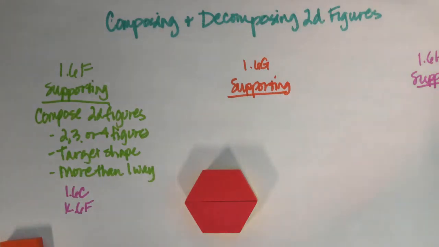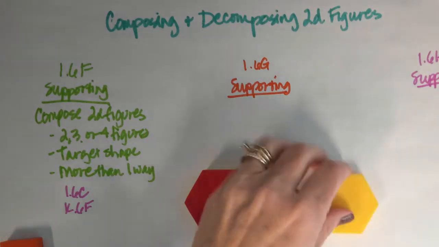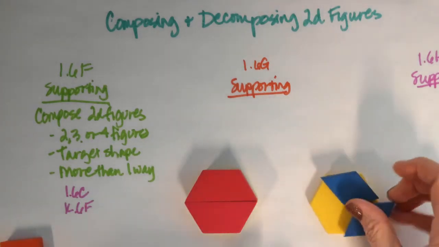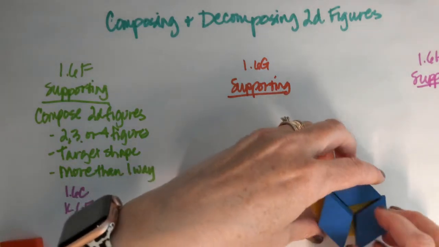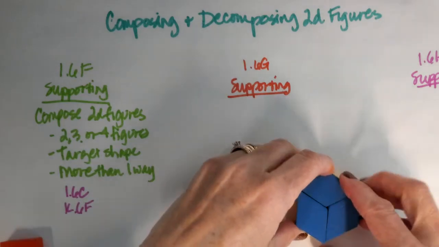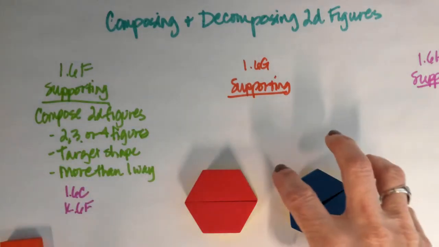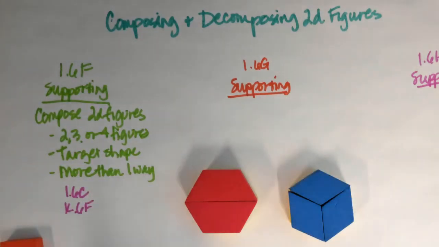Well, here's where the more than one way if possible comes in. Now I've made it using 3 figures. Still have a hexagon. Notice I'm laying the figures on top of the target shape so I can see it's the same size. This is building a foundation for equivalence.